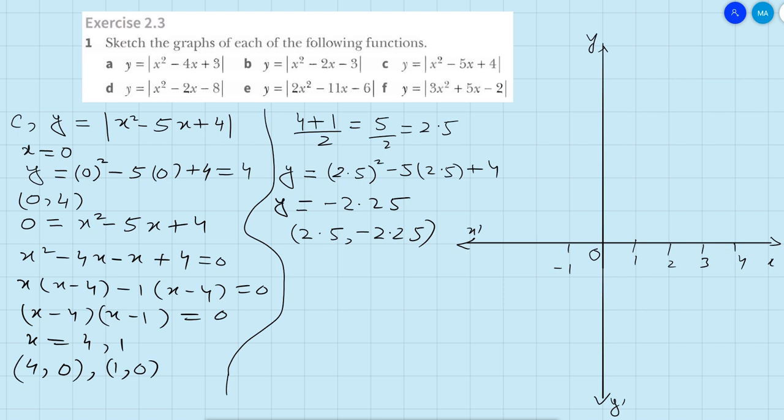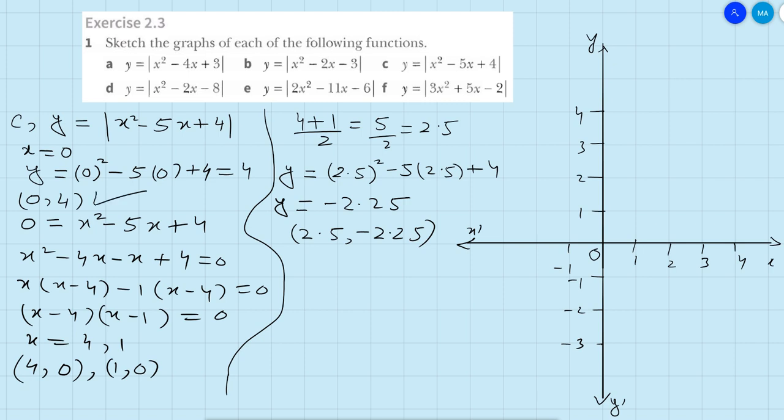And on the y-axis take 1 square as 1, 2, 3, 4 and minus 1, minus 2, minus 3.